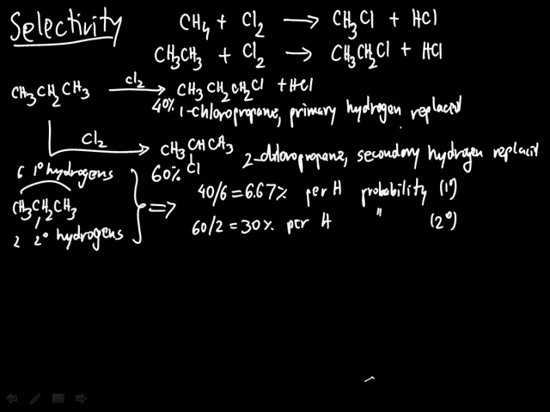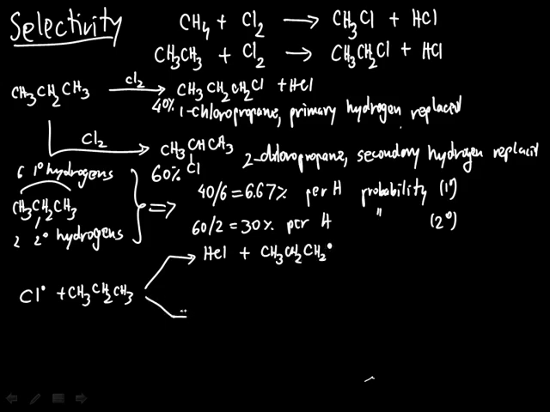But in our first propagation step, we start with chlorine radical and propane, and we can get HCl plus our primary radical, or HCl and the secondary radical. And this would be the primary radical, and this would be the secondary.